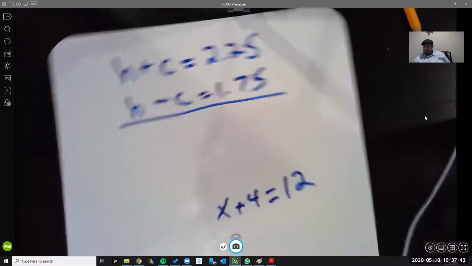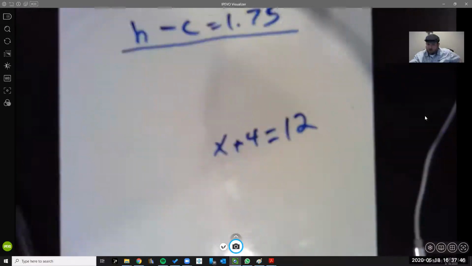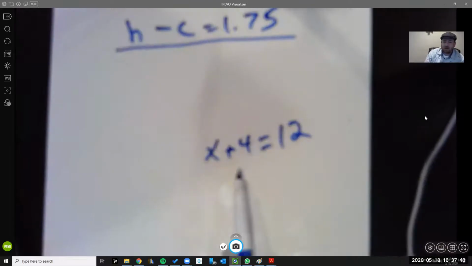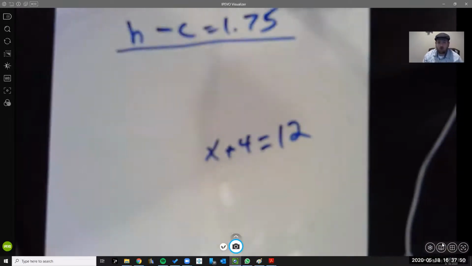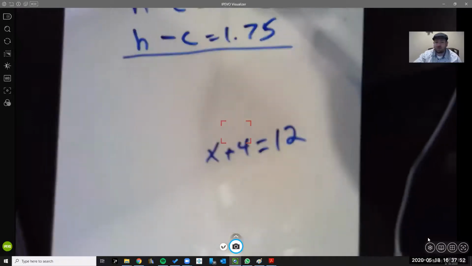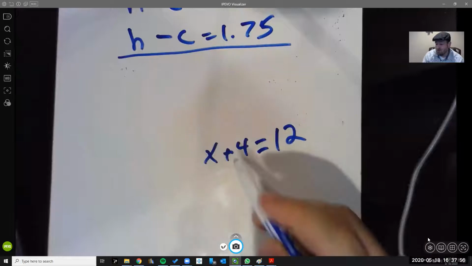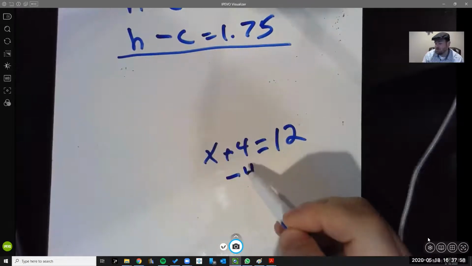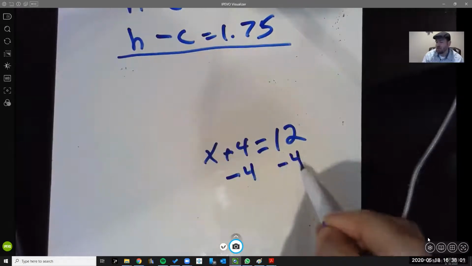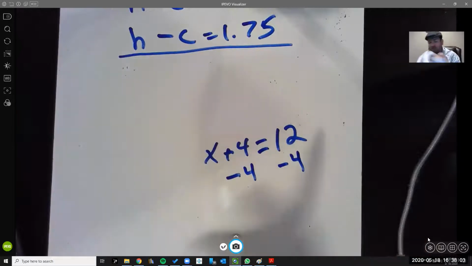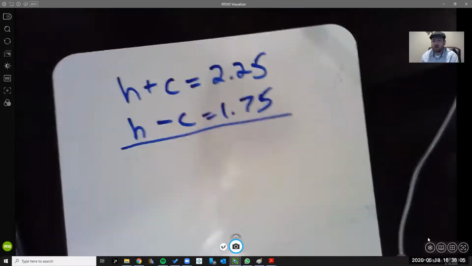As long as I keep it balanced. We've been learning that in algebra forever. As long as I do whatever I do on the left side to also the right side, then it's okay. For example, we solve this by saying I'm going to subtract 4 from this side, and I'll also subtract 4 from the other side. I won't solve it because that's not what we're talking about.